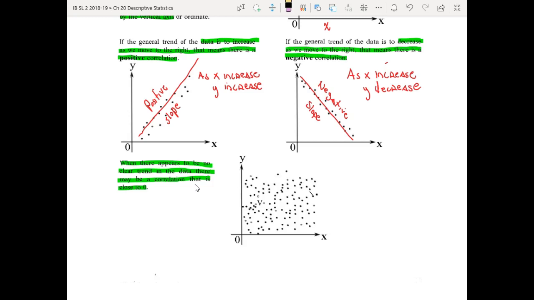So to give you an example between correlation and causation, just for example, if I put shoe size and vocabulary.